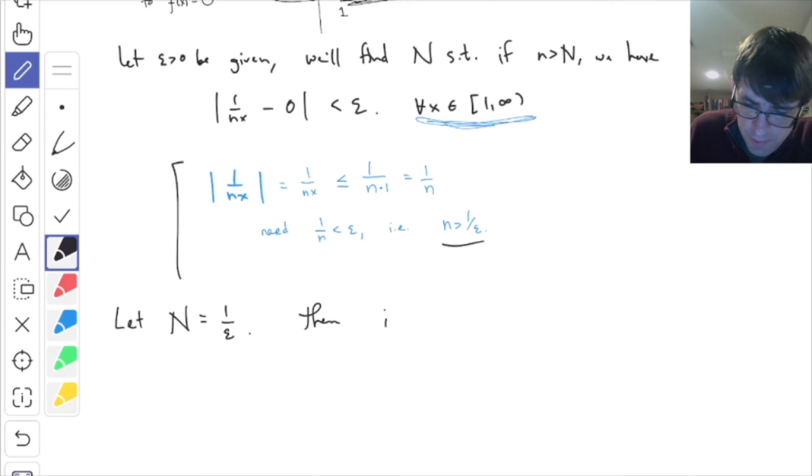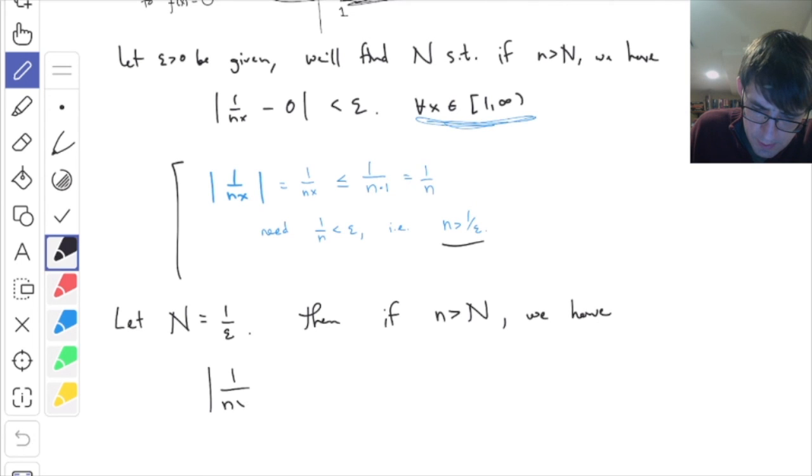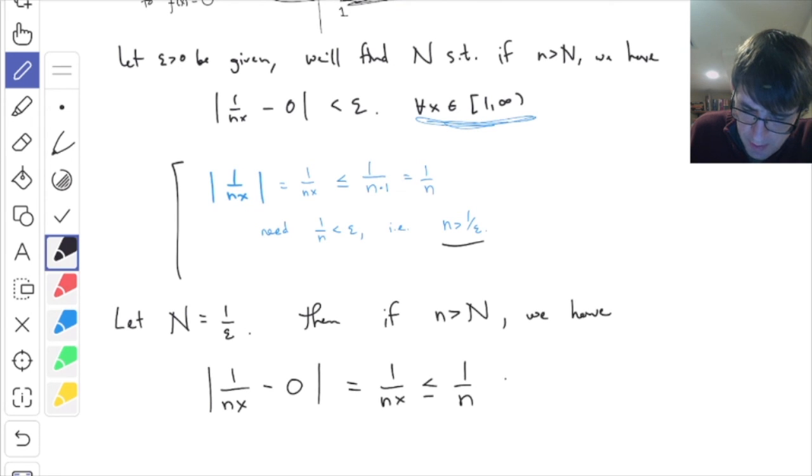And then just to finish the proof, if n is bigger than the big N, we have 1 over nx. Well, I guess I should start with minus 0. That doesn't matter. This is equal to 1 over nx, and then this I can say is less than or equal to 1 over n. This is less than 1 over the big N, and this equals epsilon.